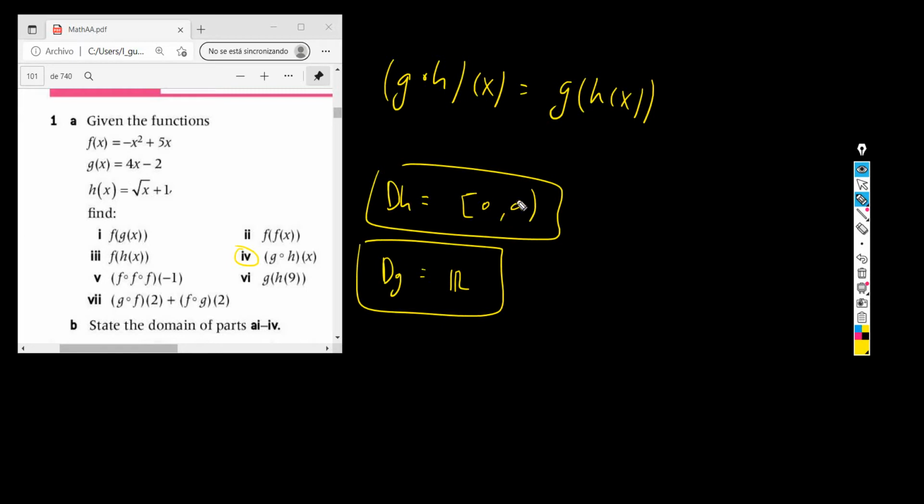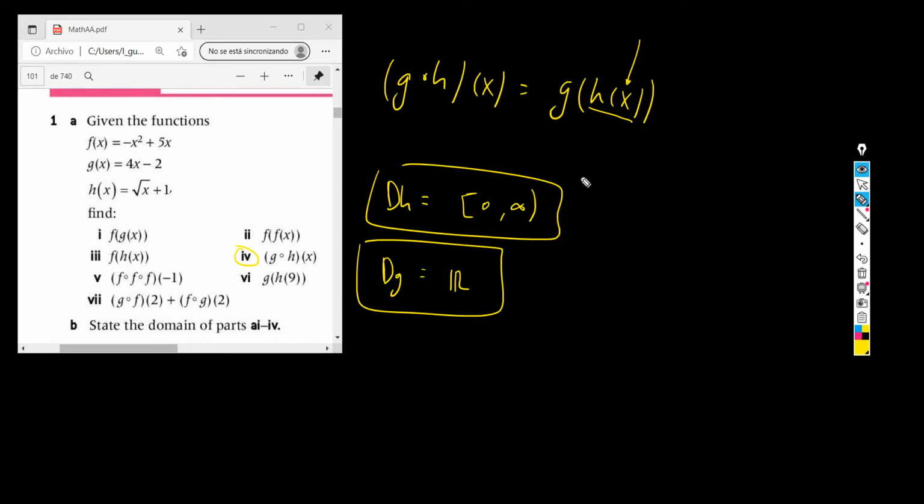Okay, so basically, what's gonna happen, guys? Take a look at this function first, h of x. That's the function that you're gonna be evaluating first. So from the start, the only numbers that we can give to x in here are these types of numbers, from 0 to infinity, 0 included, right?